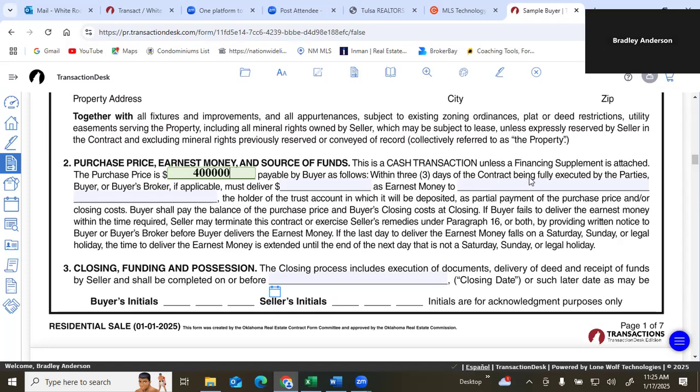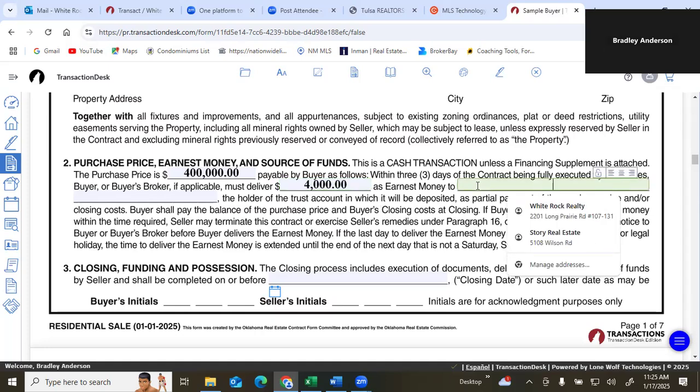Within 3 days of the contract being fully executed by the parties, buyer or buyer's broker, if applicable, must deliver some earnest money. So let's just say it's $4,000. Okay, typical 1%, right?